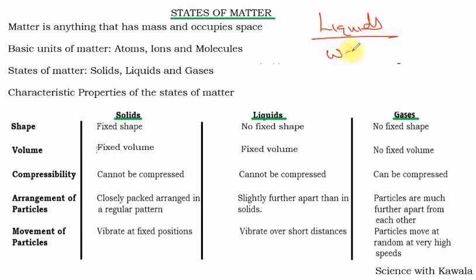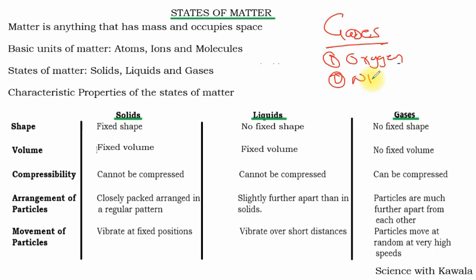Liquids, we have water, petrol, and we can also mention paraffin. So these are three ways in which matter can exist in a liquid form. What about the gaseous state? We've got oxygen, nitrogen, and we can mention hydrogen. So these are three ways in which matter can exist in a gaseous state.